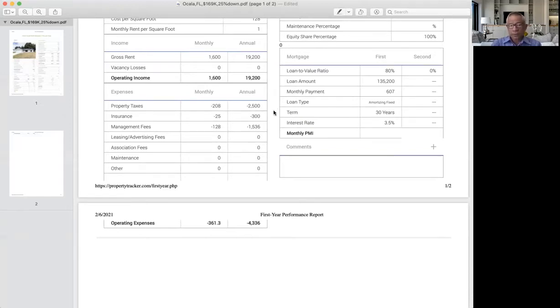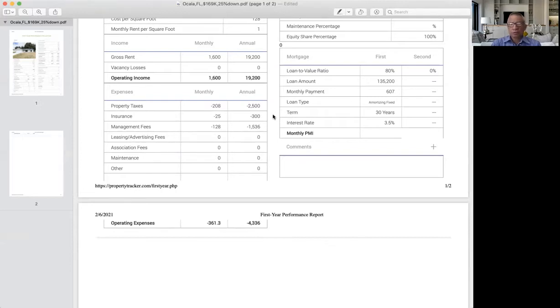And some of you may be surprised, the monthly insurance for this property, because Ocala is located in Central Florida, is only $25 per month on the insurance coverage, which is amazing, right? And when you have a new home, the insurance coverage is less because you have exceeded the modern construction code that can protect against adverse weather conditions.